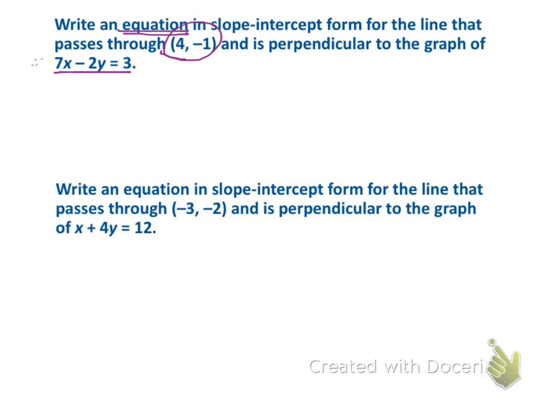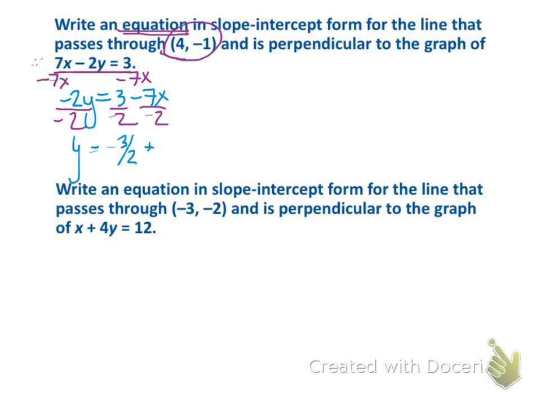Well, it's ax plus by equals c, so we need to do some rewriting to find out what the slope is. So that'll give me negative 2y equals 3 minus 7x. Divide everything by negative 2. And we get y equals negative 3/2 plus 7/2 x.